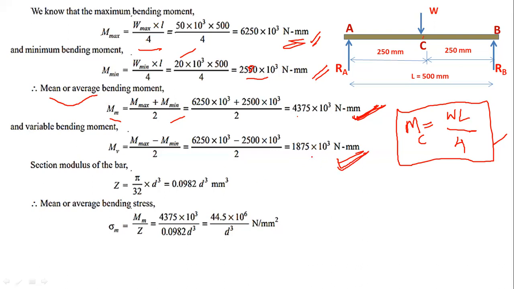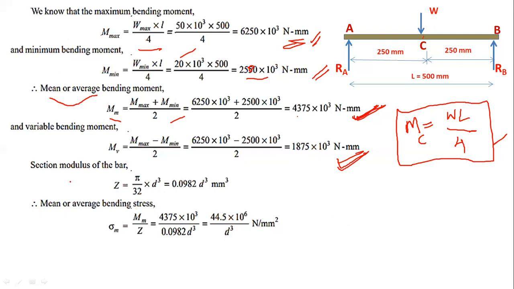Okay, after getting the mean and variable bending moments, you have to find out the value of a section modulus. For determining the bending stresses, you must find out the value of a section modulus.